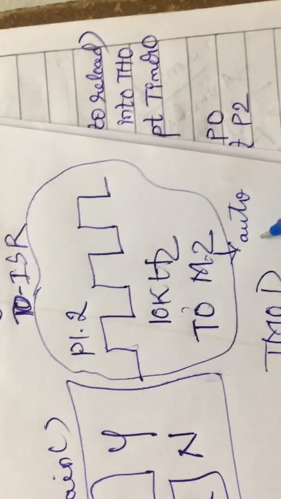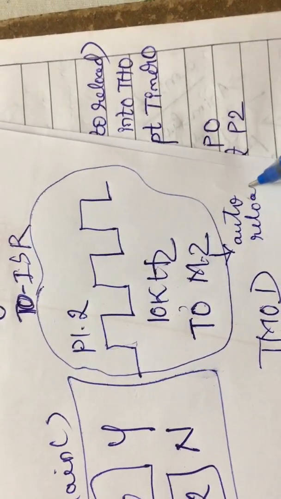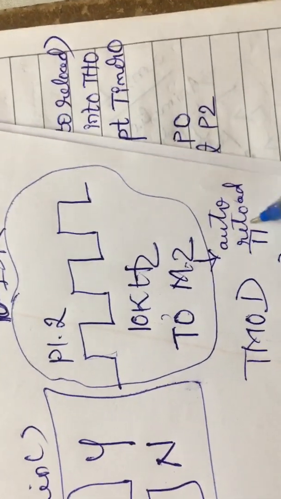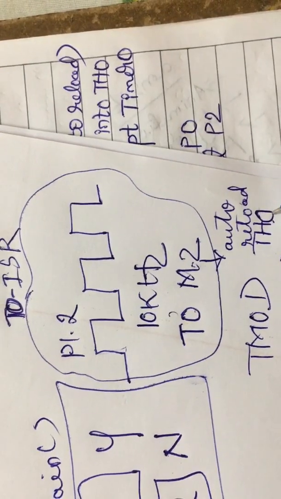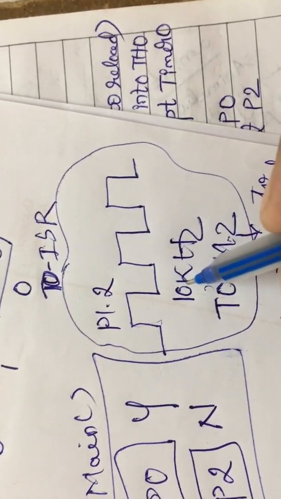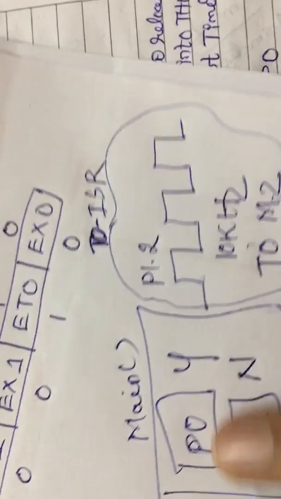Auto reload means we need to find the value of TH0. We need to find out the value of TH0 with respect to 10 kilohertz. Hope you know how we can calculate the value of TH0 for 10 kilohertz, right?